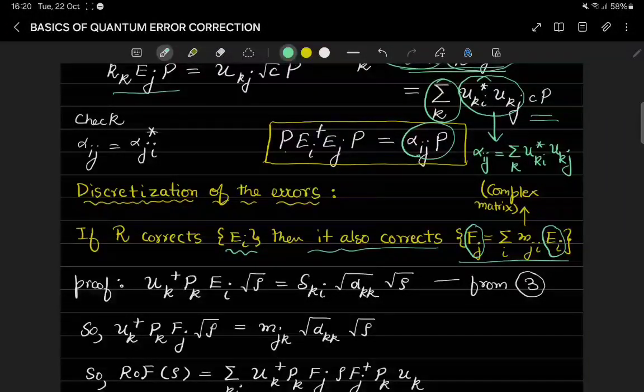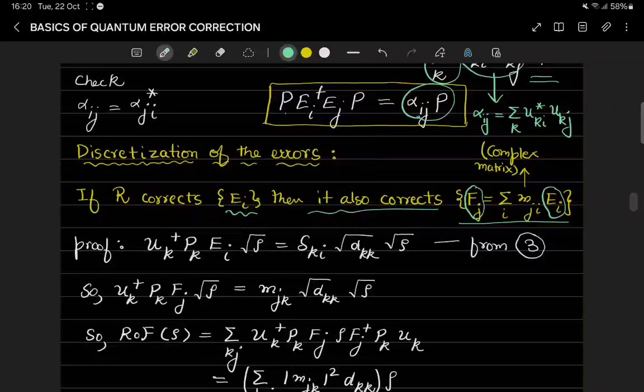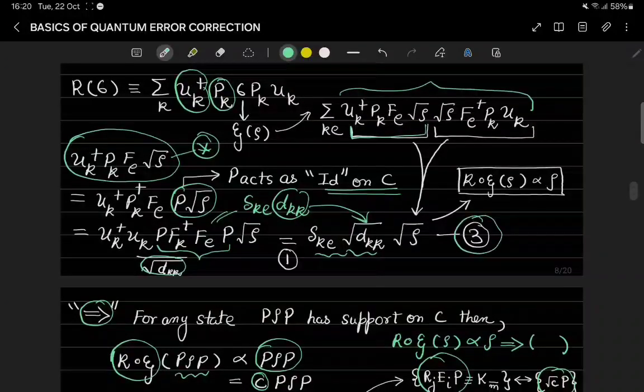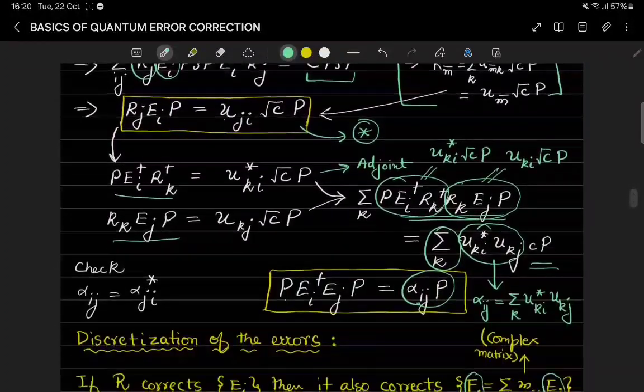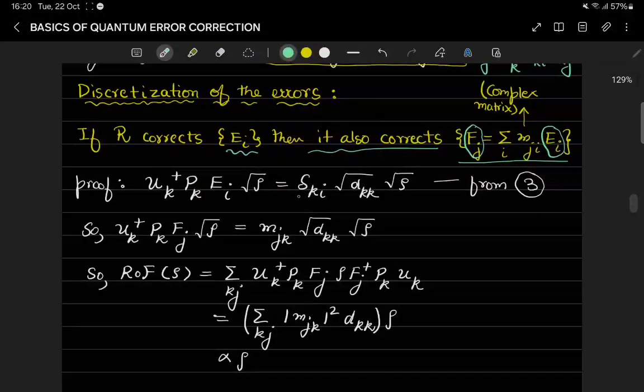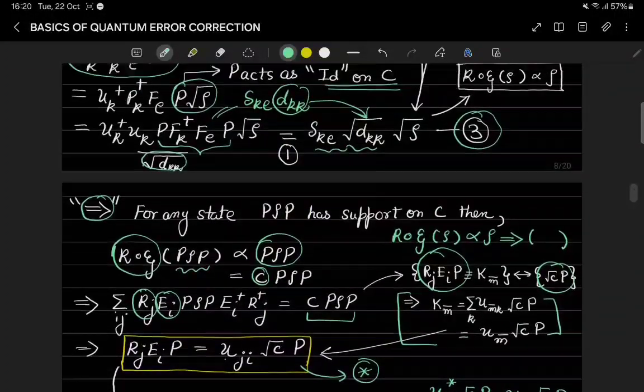Now to see this, it is very simple. We have to just use the proof that we saw beforehand. So from equation 3 what we have is that this particular condition holds, and we will use this particular condition. So you can see I have just written this condition here. So let's go back.